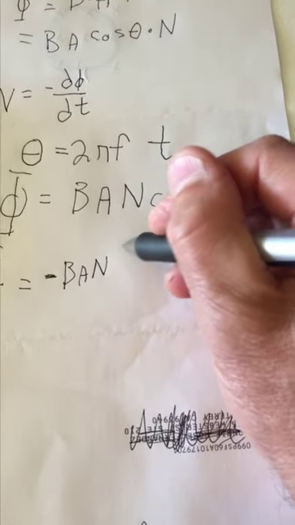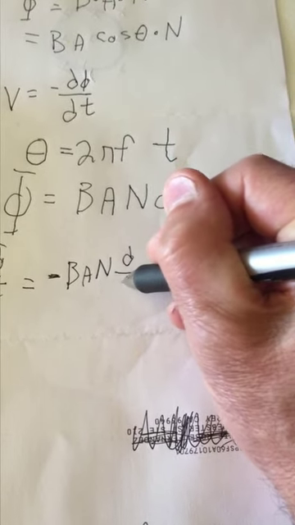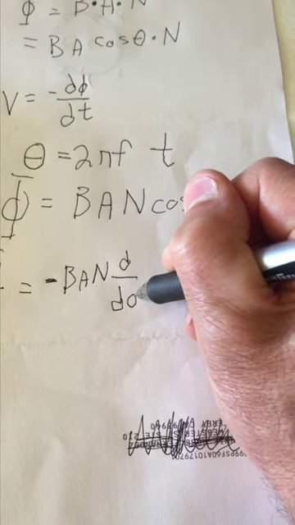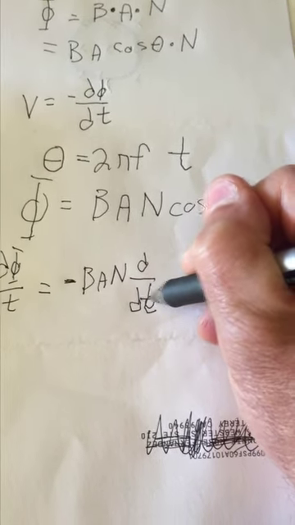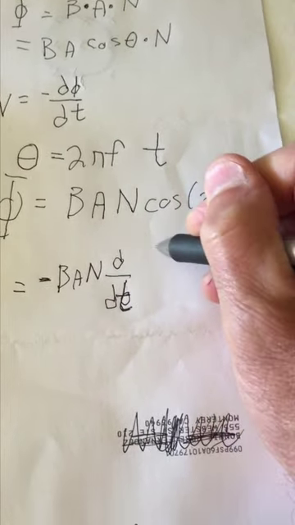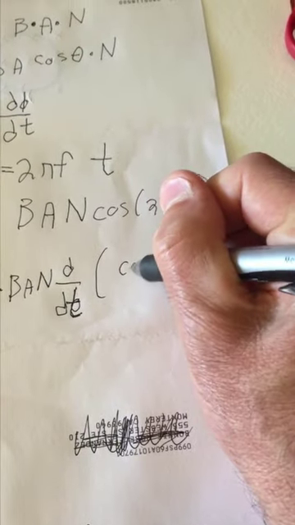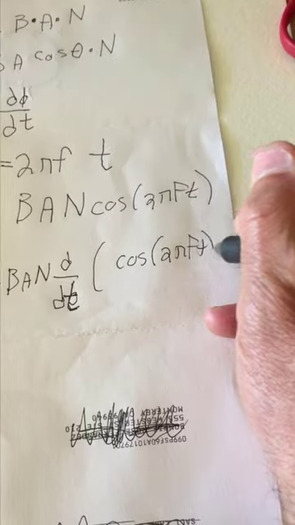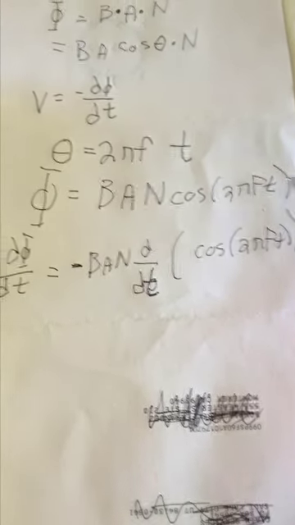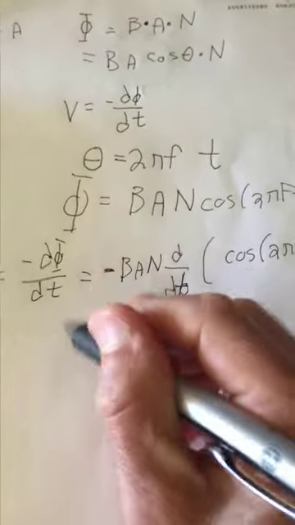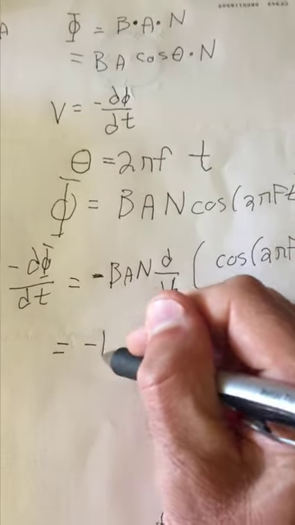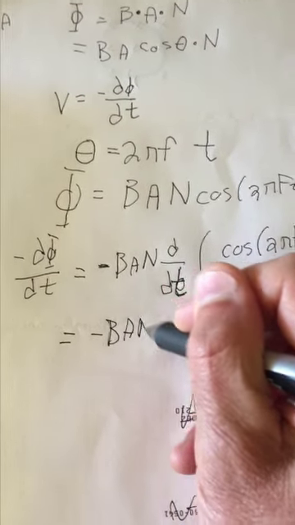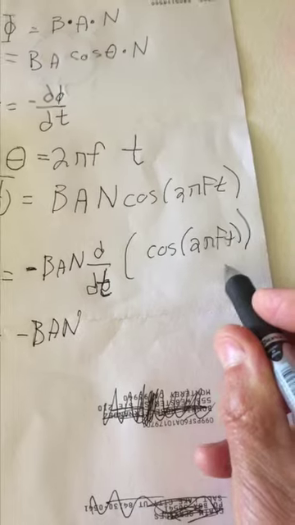And then the derivative is going to go to the cosine. So I'm going to say that it's d/dt, sorry, the first derivative with respect to time of cosine 2 pi ft. All right. Next step, minus BAN times the first derivative with respect to time of this.